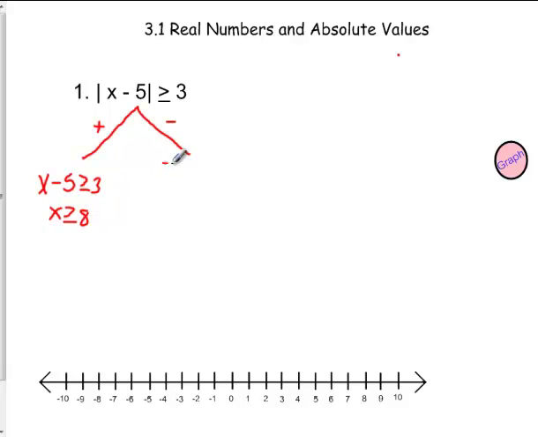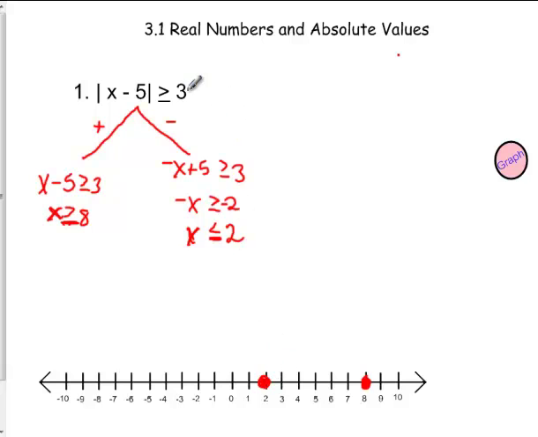And the negative side would be negative x plus 5 is greater than or equal to 3. Negative x is greater than or equal to negative 2. X is less than or equal to 2. And if we graphed this, we'd go here at 8, and we'd color the circle in because it tells me x can equal 8. And then we come over here, we said x can equal 2, so we'll color 2 in.